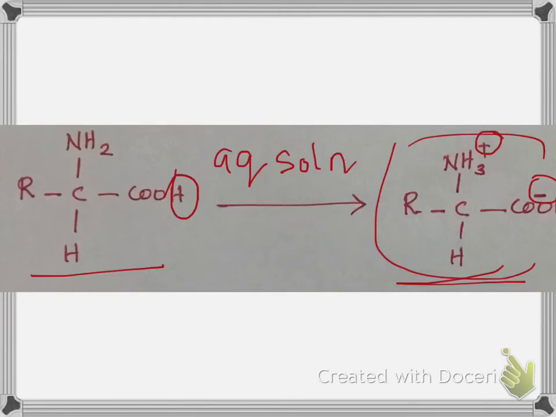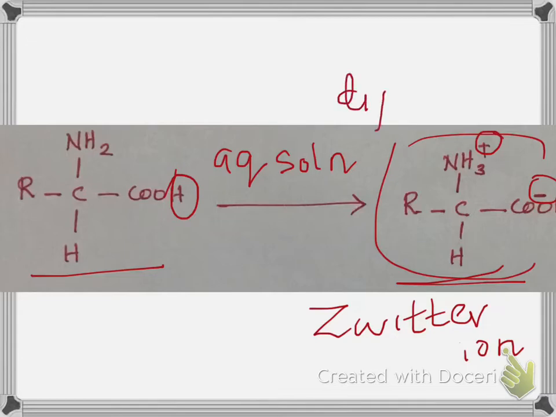So this structure is known as zwitterion. Both charges are present in this, that is, both poles are present in the same molecule, so it is also known as a dipolar ion.